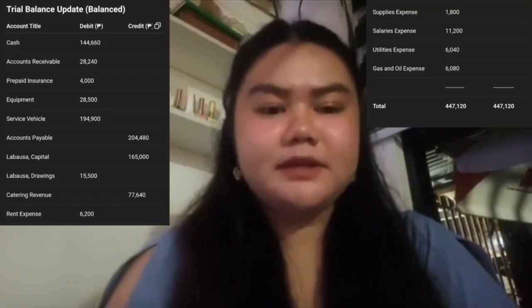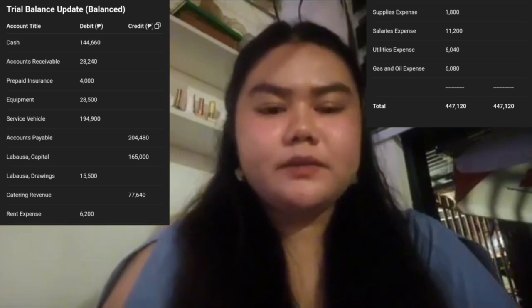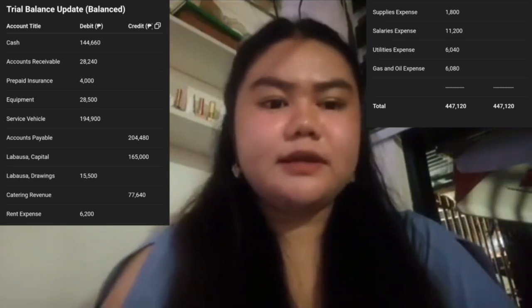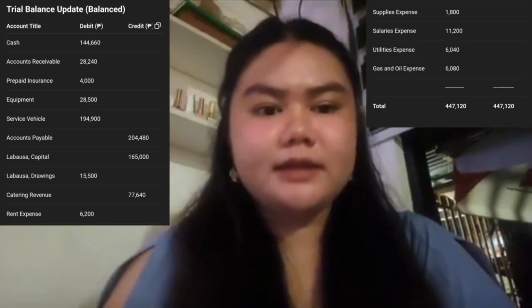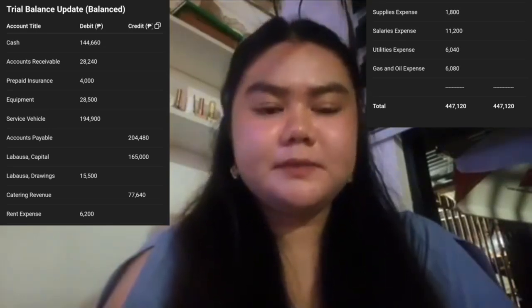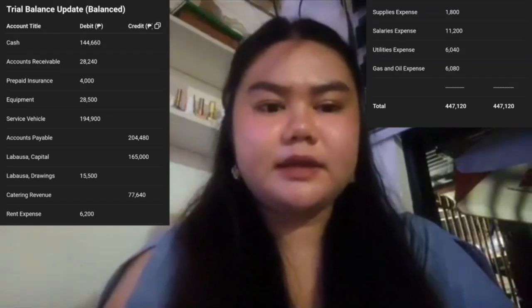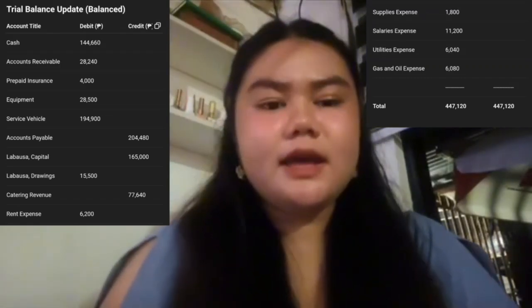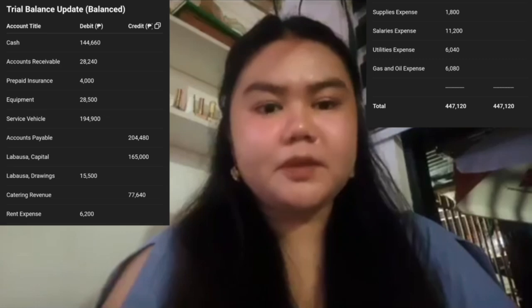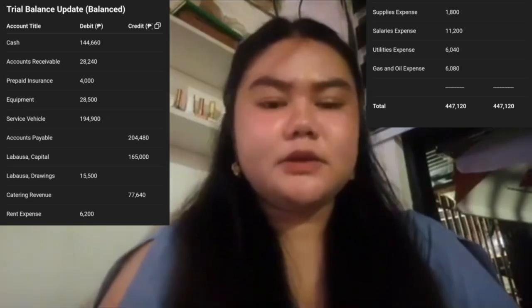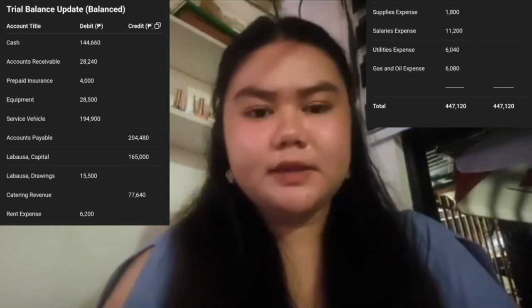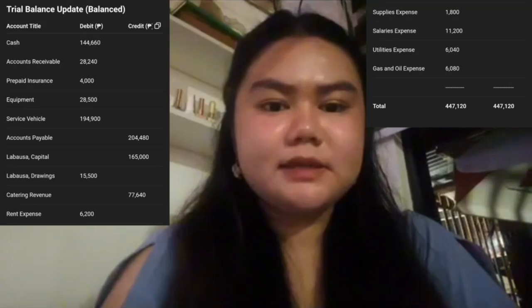If the business earns 5,000 from sales, we record it in the sales account and add it to cash. If the business pays 1,000 pesos for rent, we record it in the rent expense account and subtract it from cash.